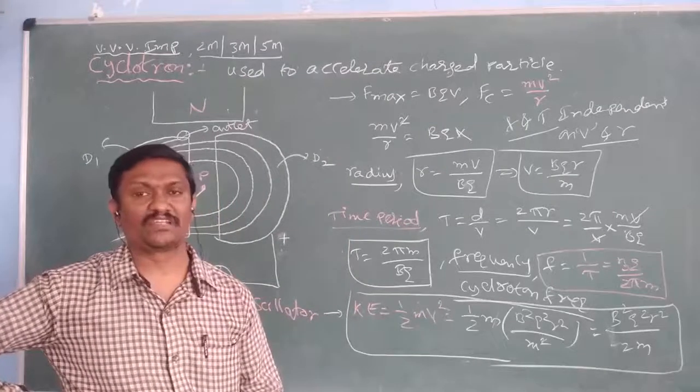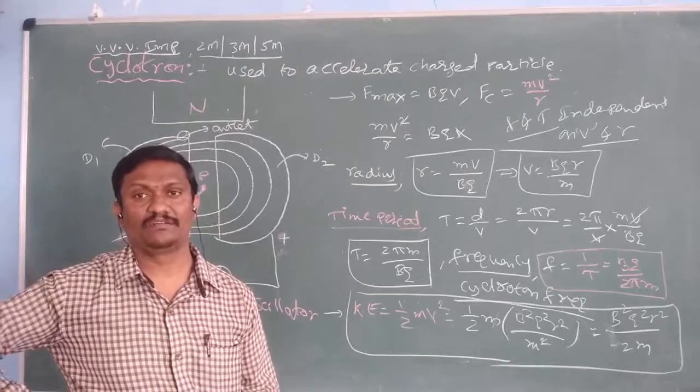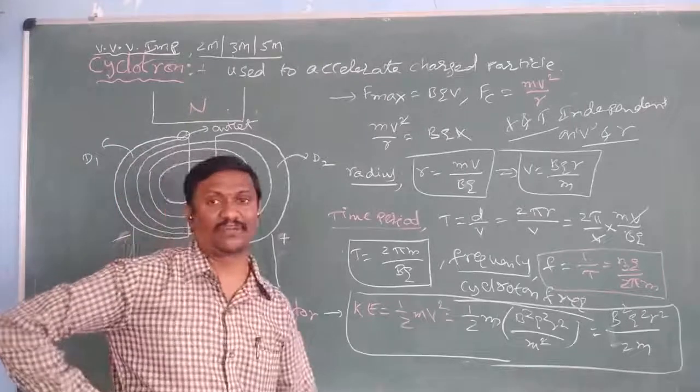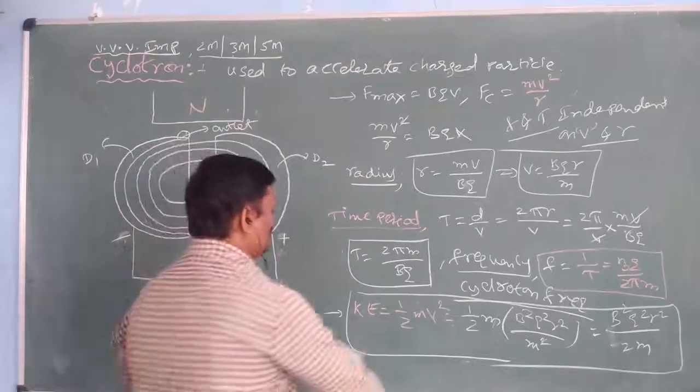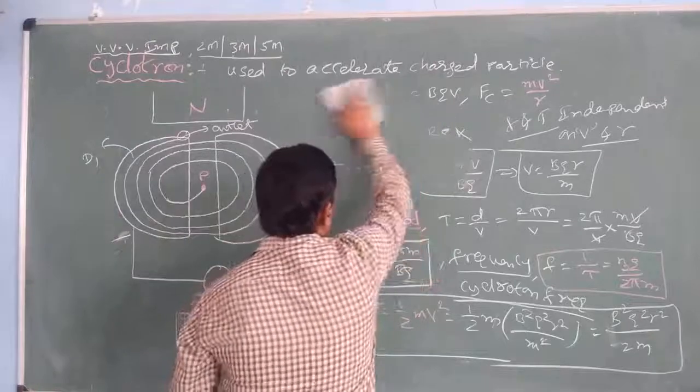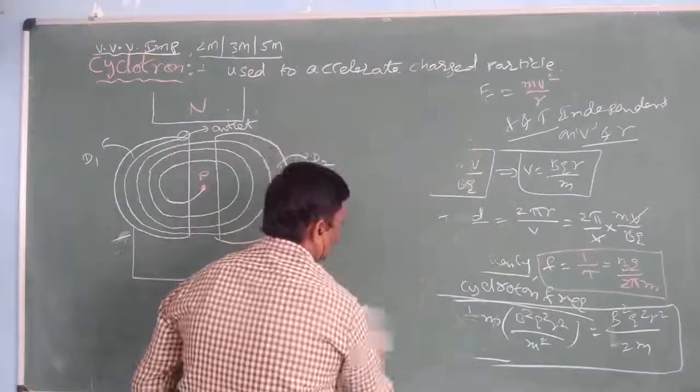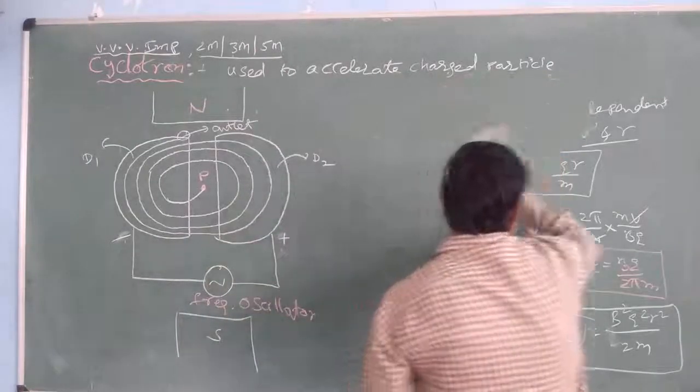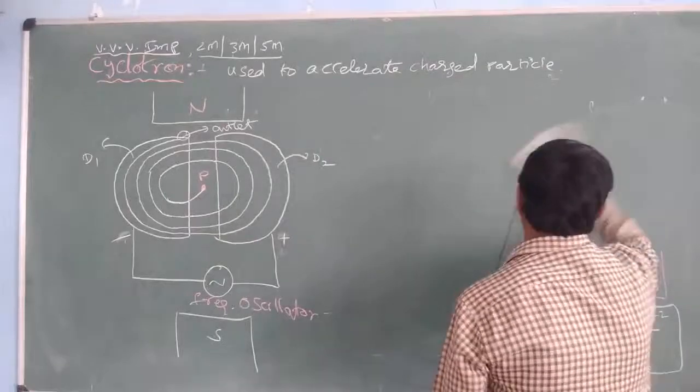So that is about the principal uses of the cyclotron, and now the limitations of the cyclotron. The cyclotron always accelerates charged particles.